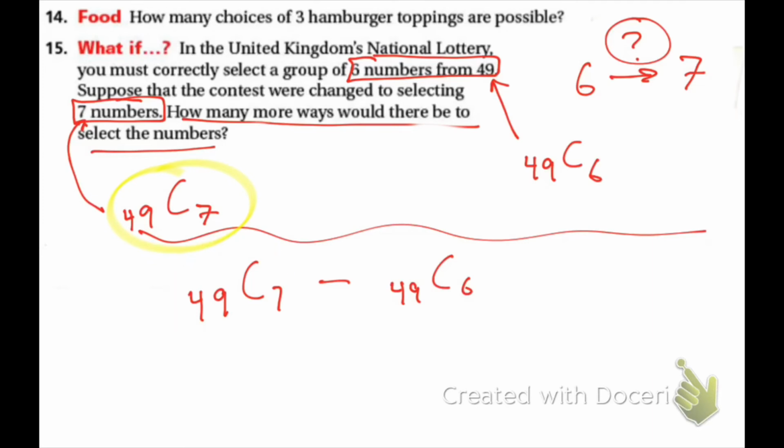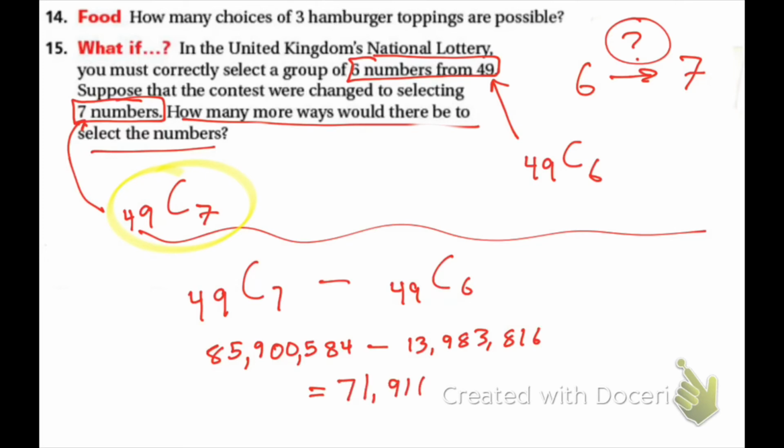So 49C7, that's going to give you 85,900,584. We're going to subtract 49C6, that gives you 13,983,816. When I subtract those two numbers, the solution is 71,916,768 ways.